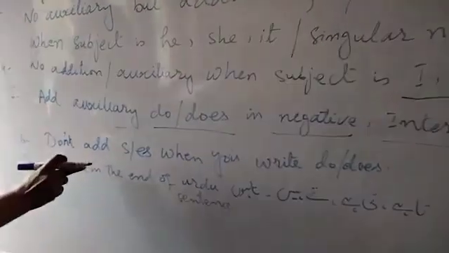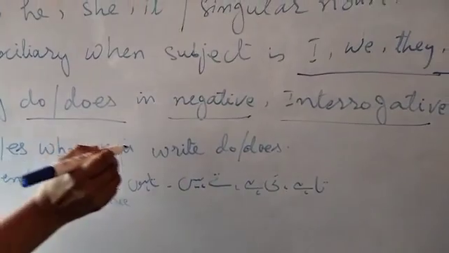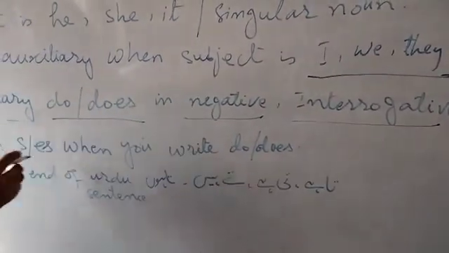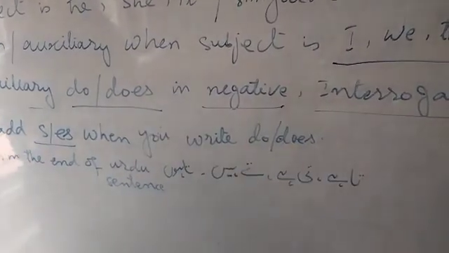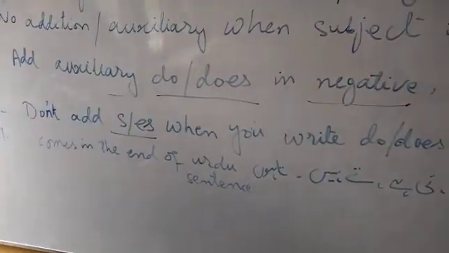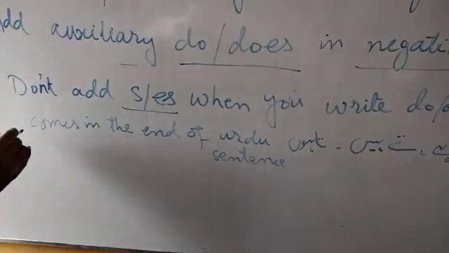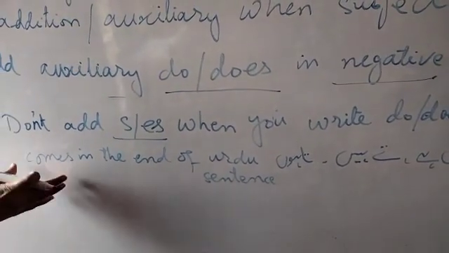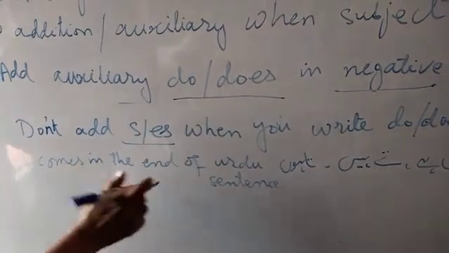Then don't add s or es when you write do or does. So when you do addition of do or does, you don't need to do addition of s or es. So skip it.